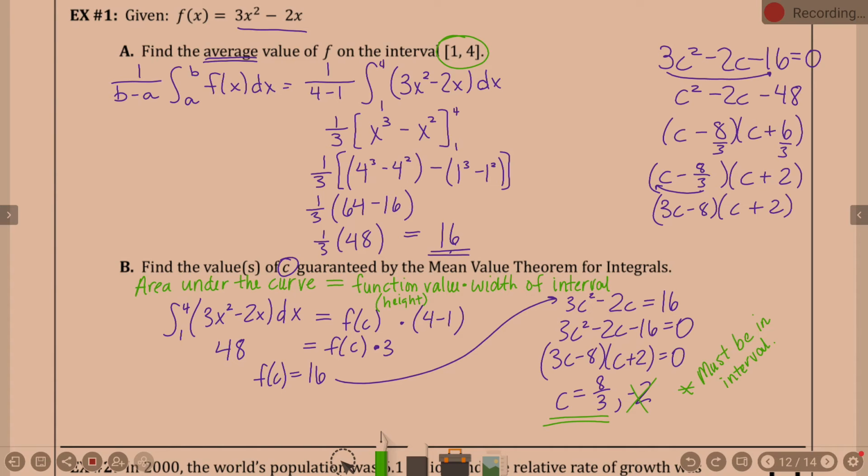Okay? Questions? I know Jacob said he kind of thought he might like it. Any other thoughts? I'm just curious. I like it. It's kind of cool. I feel like it's easier to remember than the product.